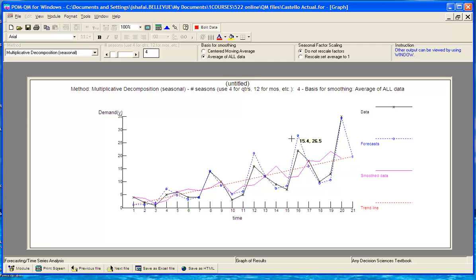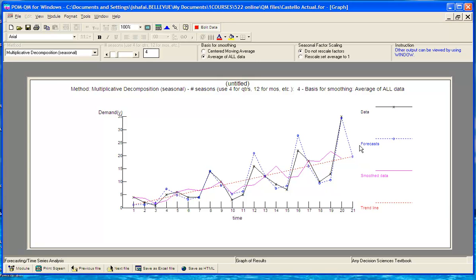And the blue line, which as you can see tracks the actual very, very well in this problem, that's the actual forecasts of this model, which are seasonally adjusted and trend adjusted forecasts.